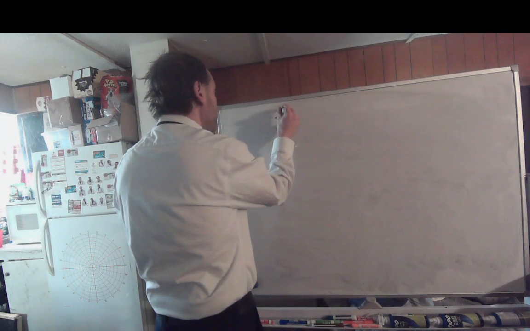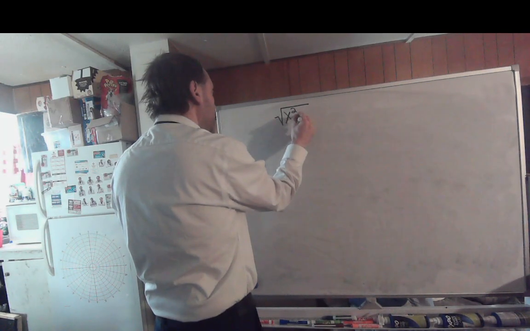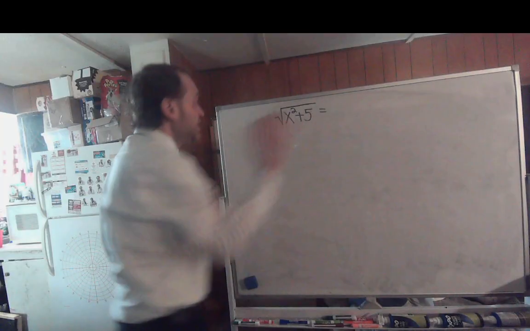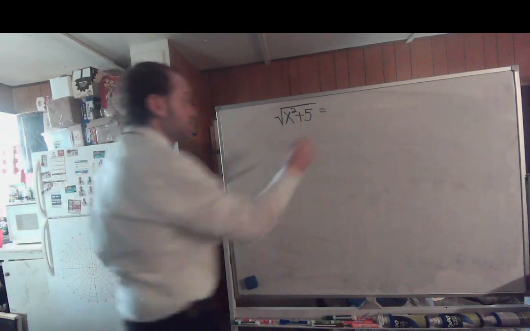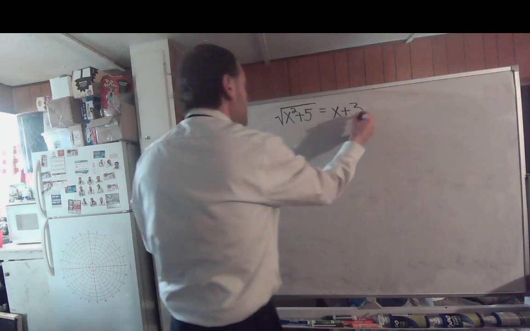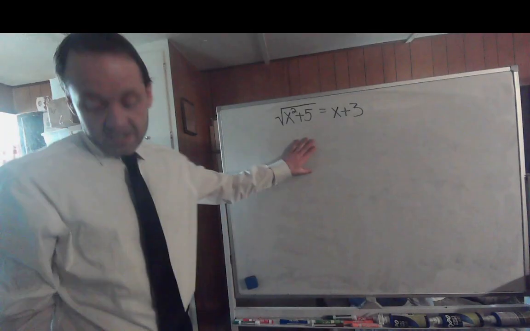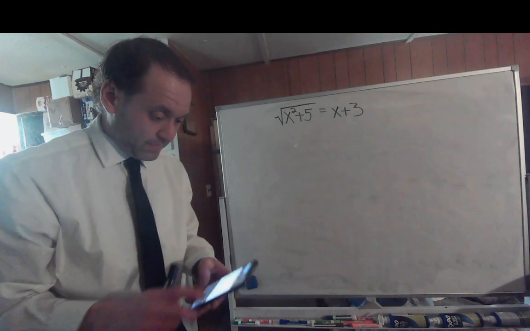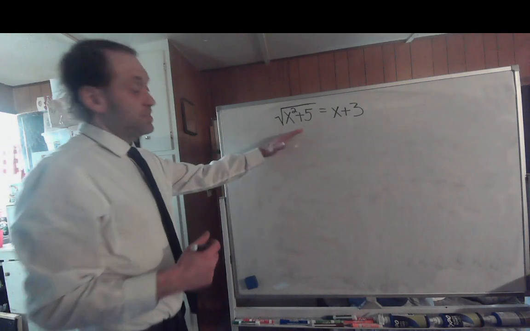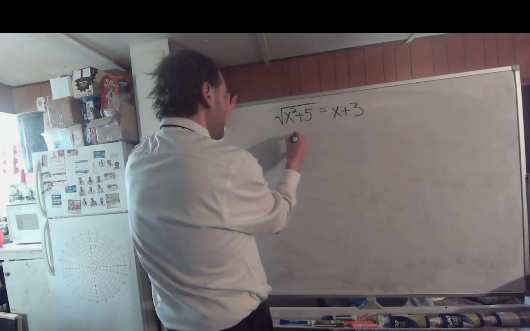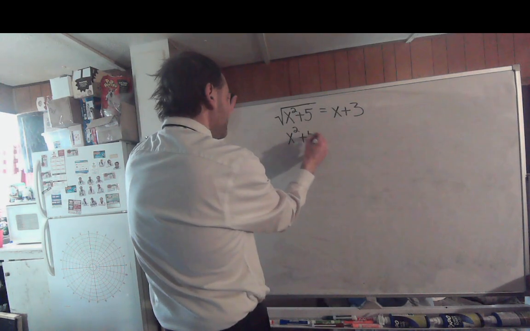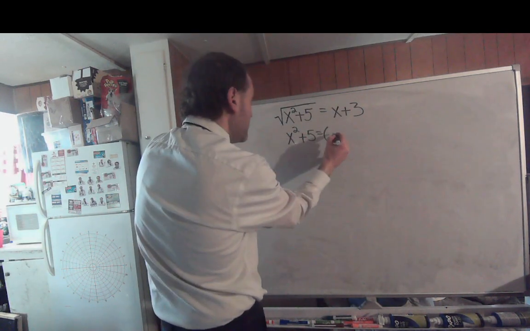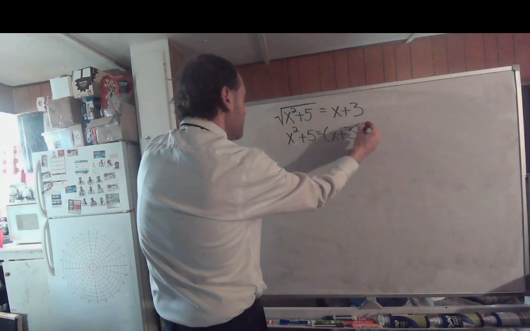Alright, square root of x squared plus 5 is equal to x plus 3. So square root of x squared plus 5 equals x plus 3. Okay, so we got to square both sides. You do that, you'll get x squared plus 5 equal to the quantity x plus 3 raised to the second power.